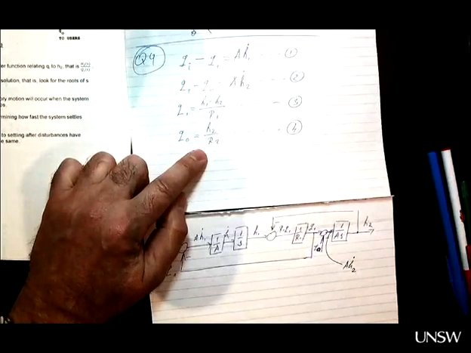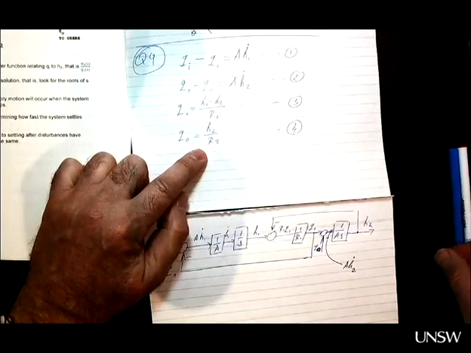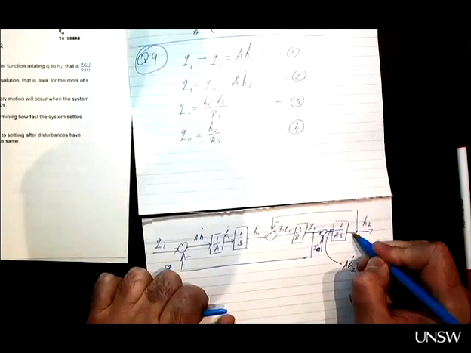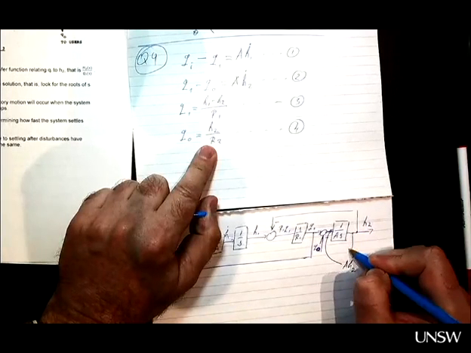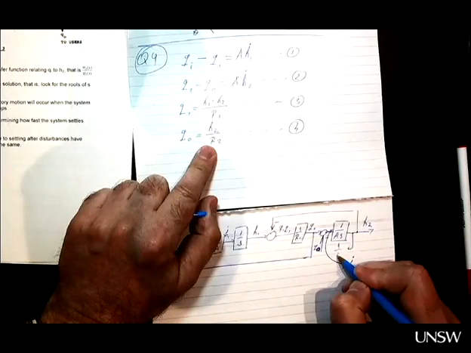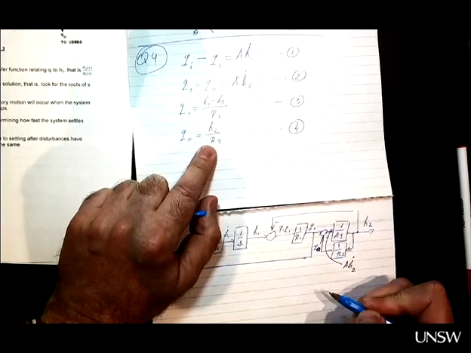We already have H2, so all we need to do is divide by R2. If you take H2 and divide it by R2, that will be equal to QO. So this completes the block diagram.